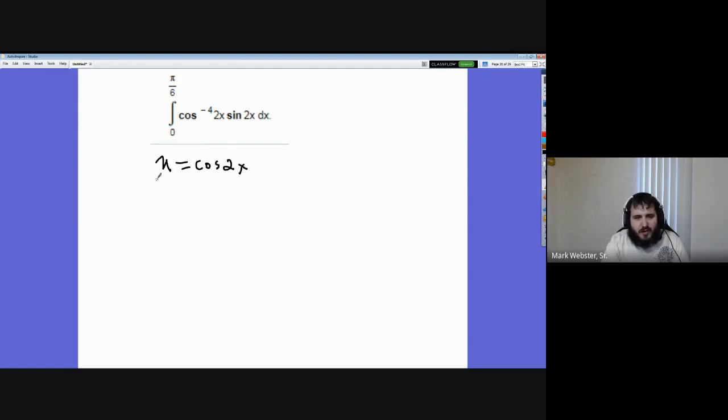Now let's take the derivative. So it's a 2x, so I've got to have -2 sine of 2x dx. So you'll notice, what do I have extra? I've got this extra -2. I've got to deal with that. So let me move this -2 over to the other side.